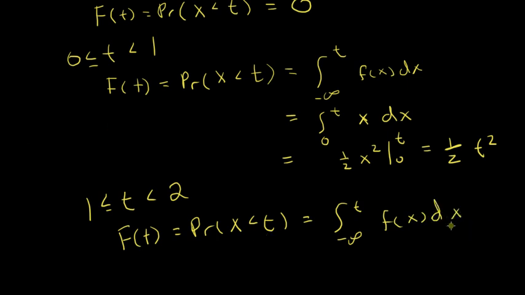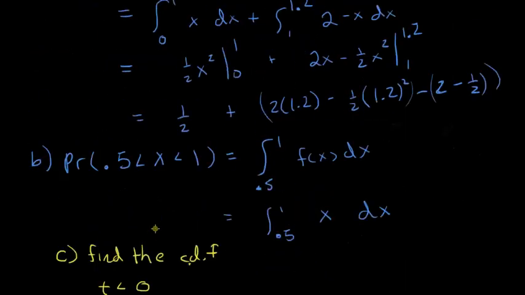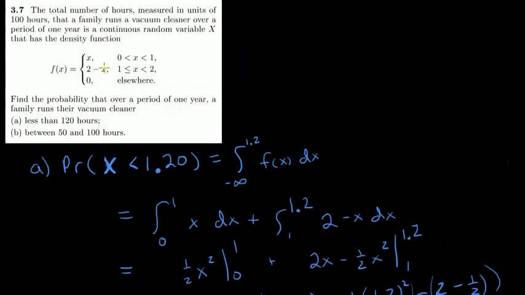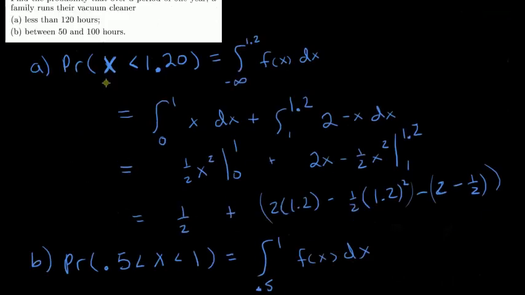This is just the definition here. Now, thinking about what my f of x is, t is definitely going to be more than or equal to 1. So if I go up here, I'm going to need to get all the way from here to there, where f of x is going to be 2 minus x.